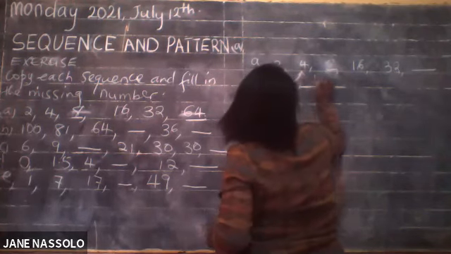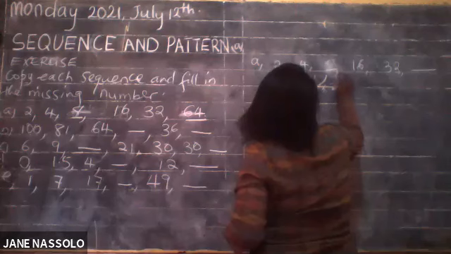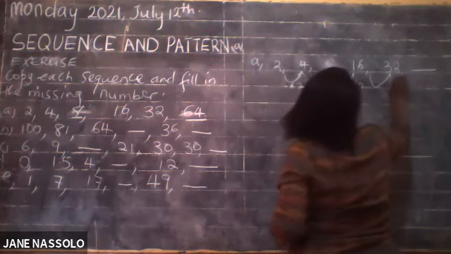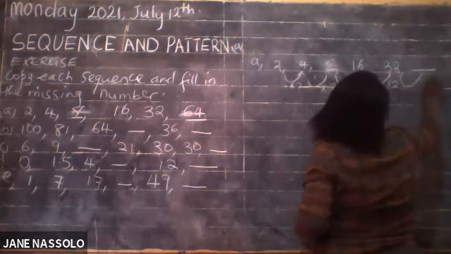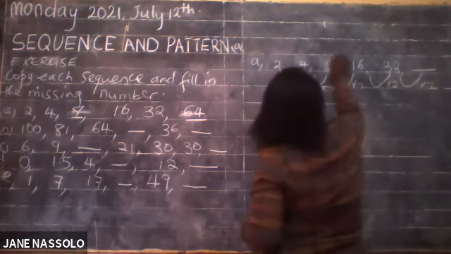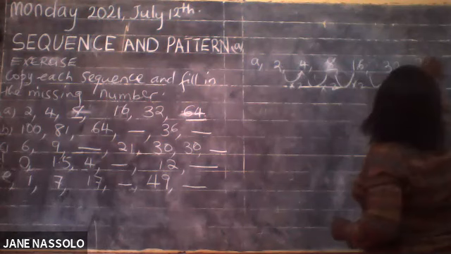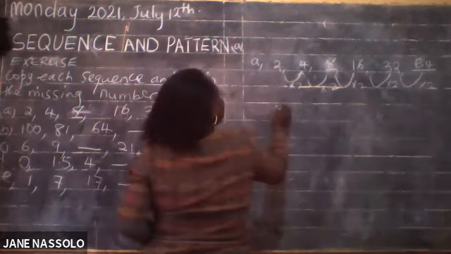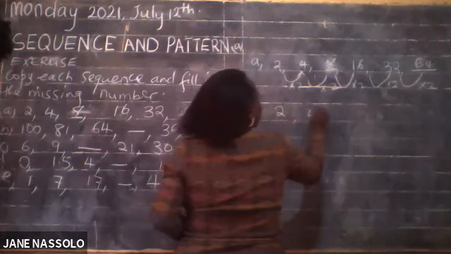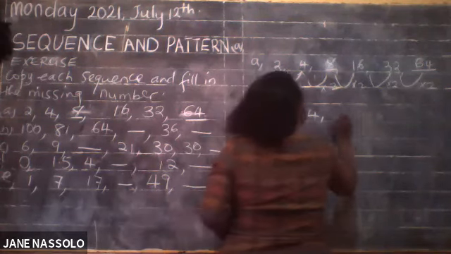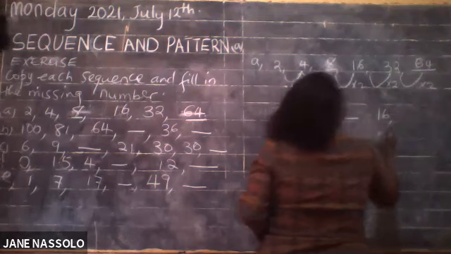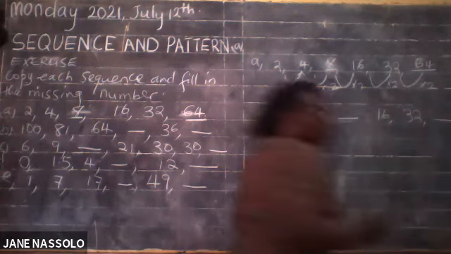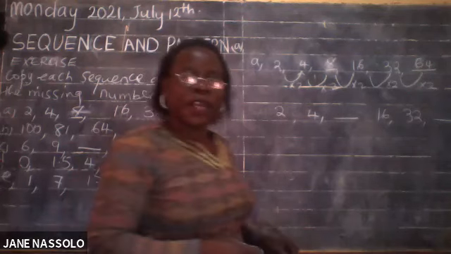Times 2, times 2. It gave us 8, and here, 4. Then another alternative is 4, 16, 32, dash. So she's giving us an alternative.